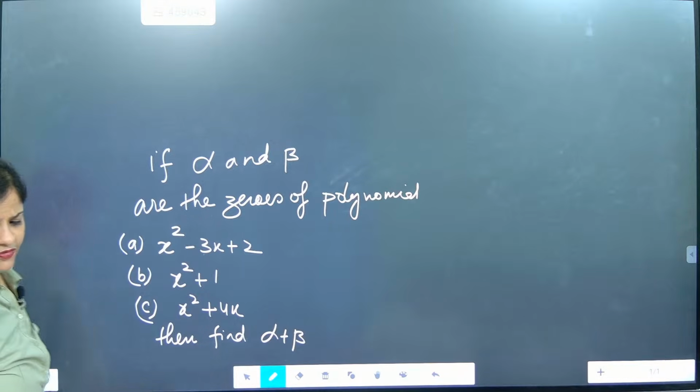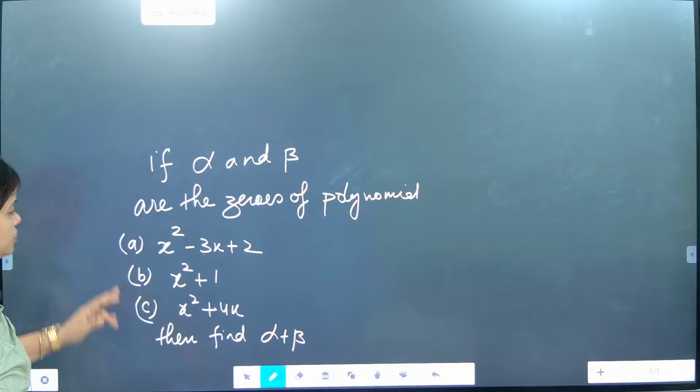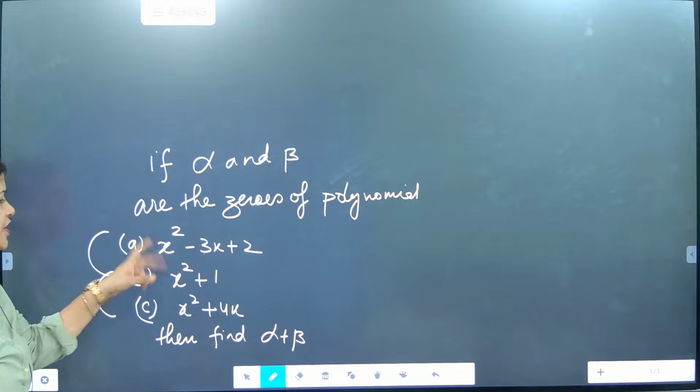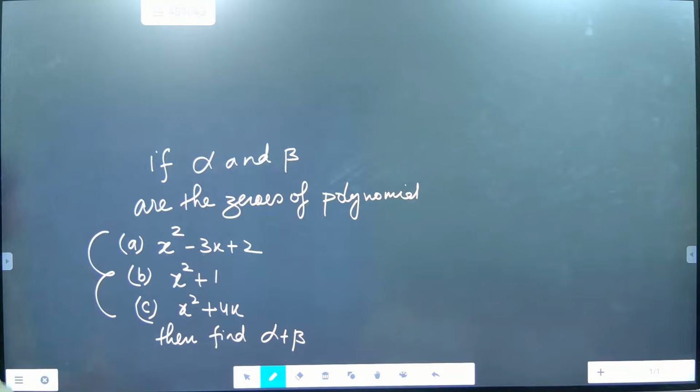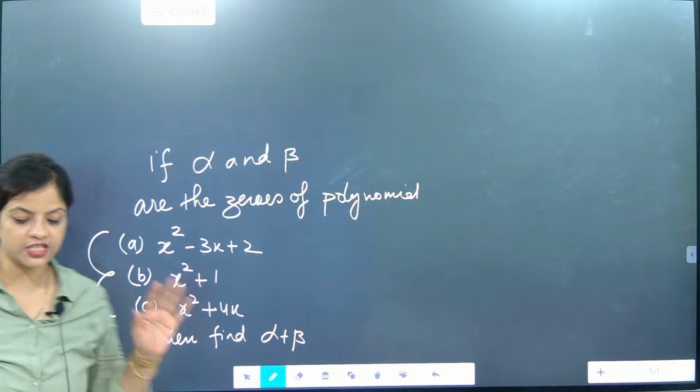If alpha and beta are the zeros of polynomials, so these three are there. These three are different polynomials, okay? And alpha and beta are zeros of all these polynomials.